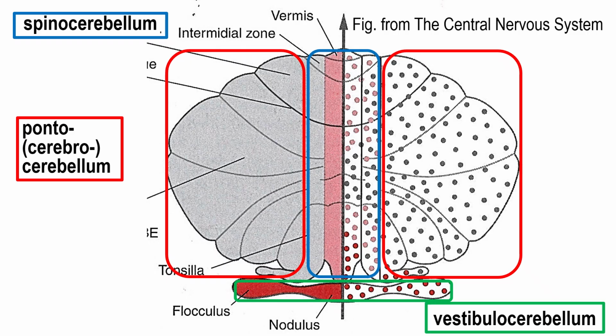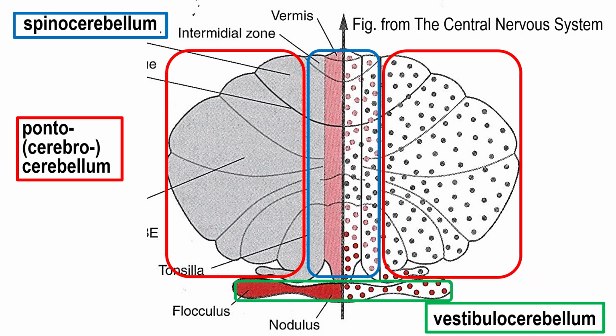First, let's talk about the vestibulocerebellum. The flocculonodular lobe consists of the nodule in the midline, a part of the vermis, connected laterally with a thin stalk to the flocculus.